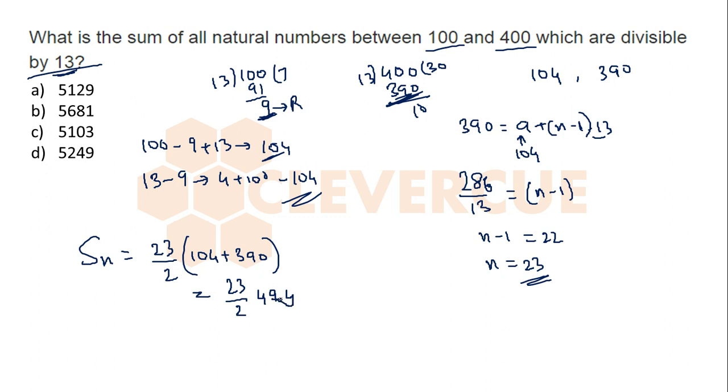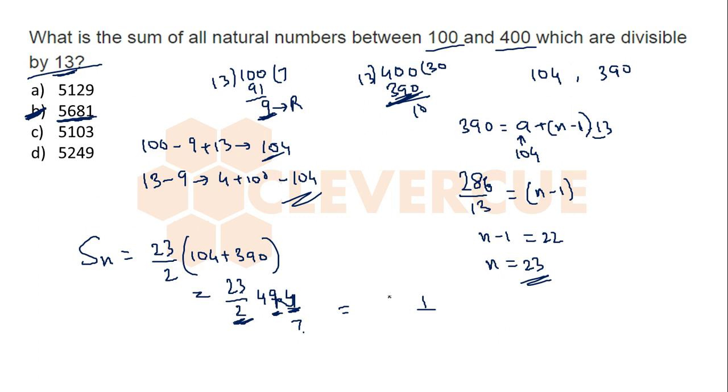Here you have 4 in the unit digit and 9 in the tens digit, which is an odd number, so there has to be 7 in the unit digit when you divide it by 2. And 7 into 3 will be 21, so the unit digit of the answer should be 1. Only one option has 1 as the unit digit, so straight away you can mark B as the right answer. Let us check it out.